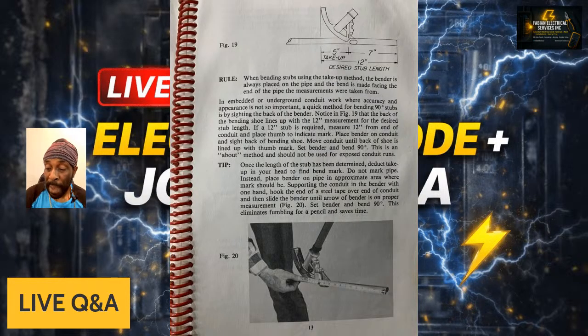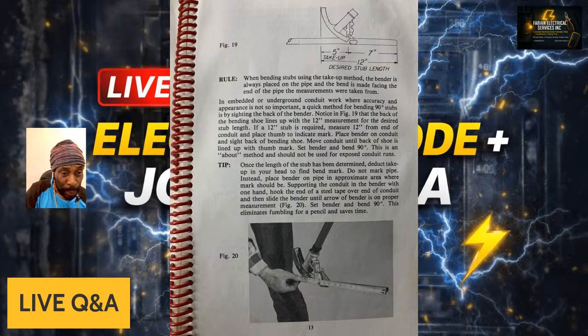Anytime you're doing a measurement and you need to have 6 inches of a 90 to continue on that mark that you've made, or even a beam that you're going across, that's how you do it. You turn your bender the other way at the end of the conduit, and you bend a 90 degree on the shoe. You bend your 90, and that's basically going to be a perfect stub 90, we call it.